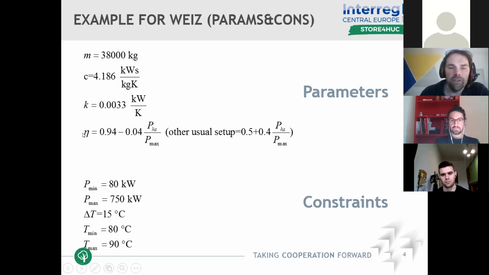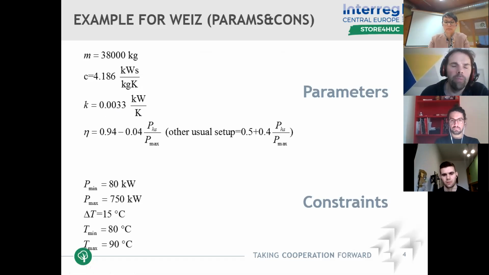Then efficiency. What we found from data sheets of Whites heat sources, so wood pellet boilers, no, biomass boilers, sorry. I'm not sure whether there are wood pellets, but biomass boilers. We have 2 points. Efficiency for partial load, which is 0.92, and efficiency for full load, which is 0.9.